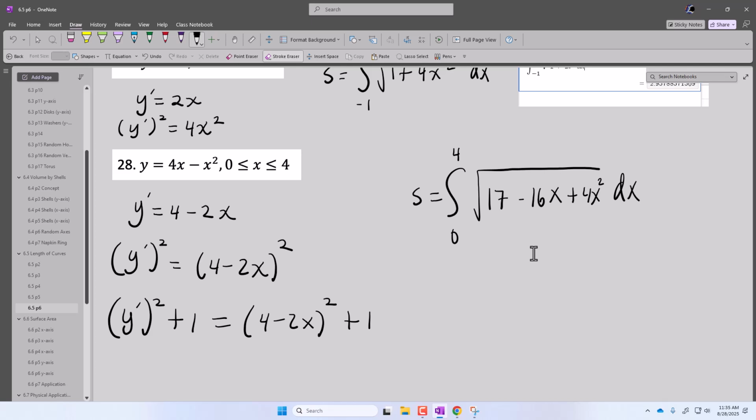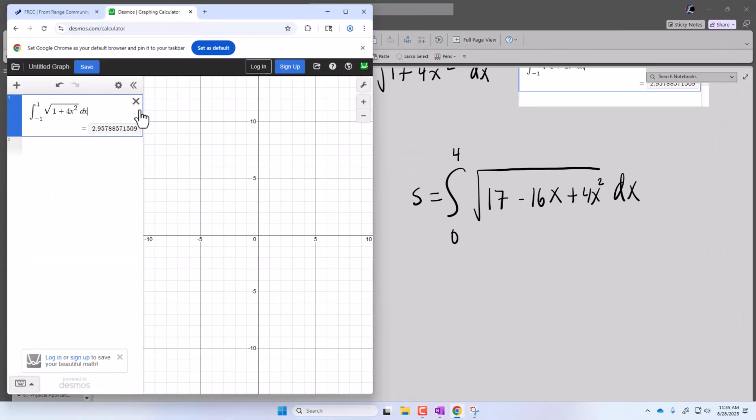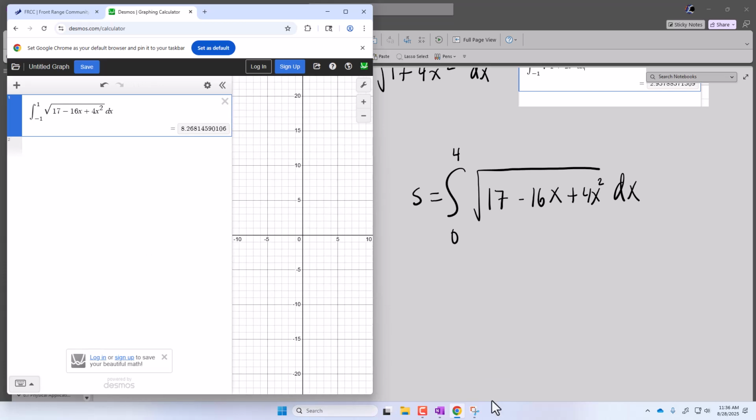Then we'll just plop it into Desmos, get our arc length. Oh, there's a 4x squared already in there. How convenient. So 17 less 16x. All right, we're there. That's pretty simple.